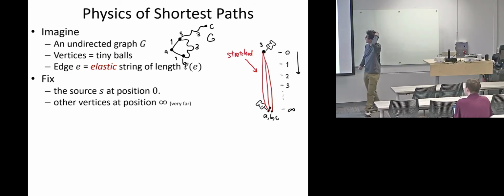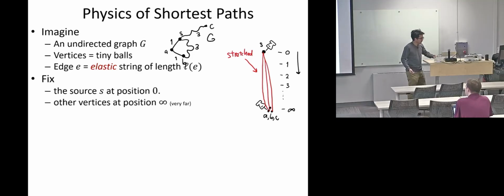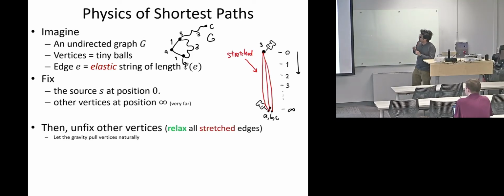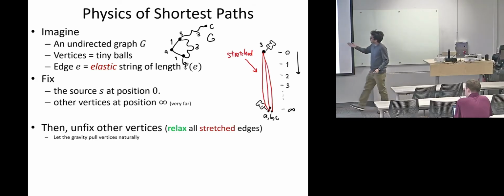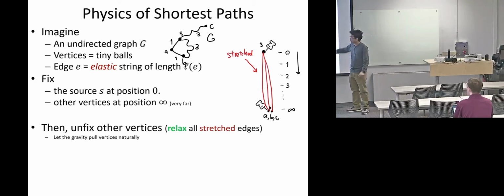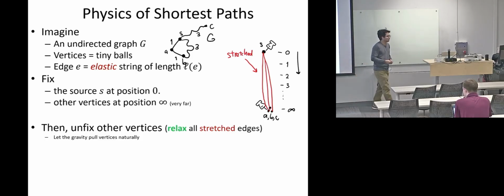Now suppose you unfix every other node. Meaning that every stretched edge is now relaxed. And then you let gravity pull the vertices naturally. So what will happen?